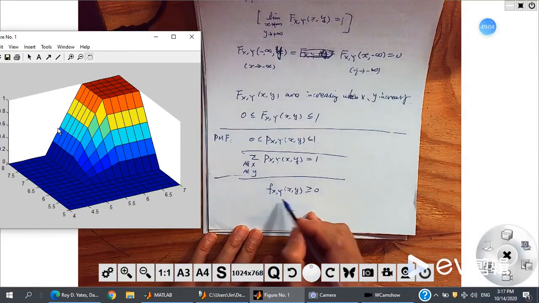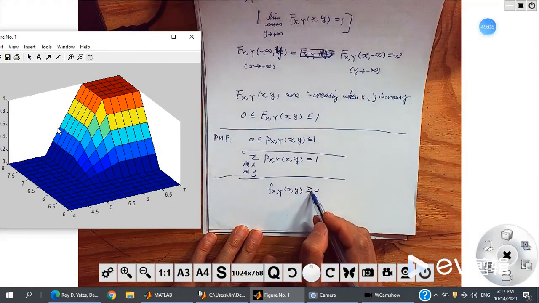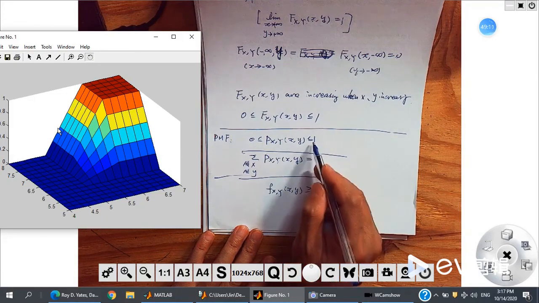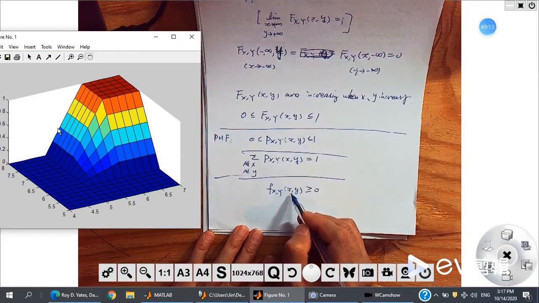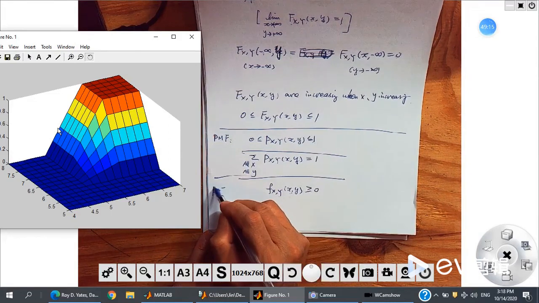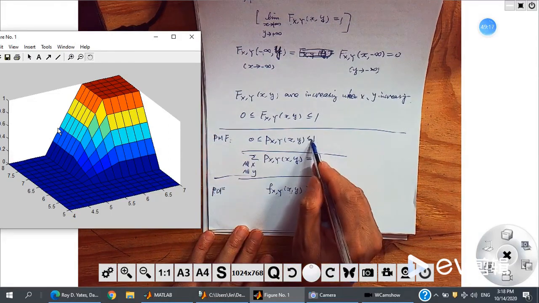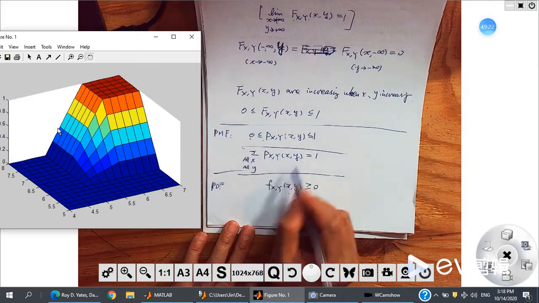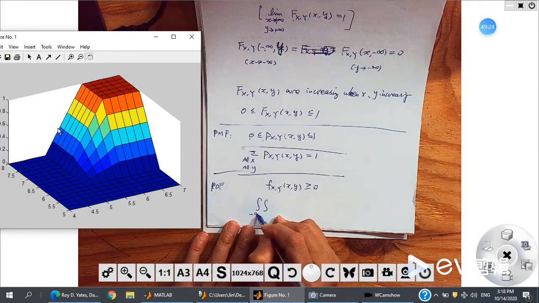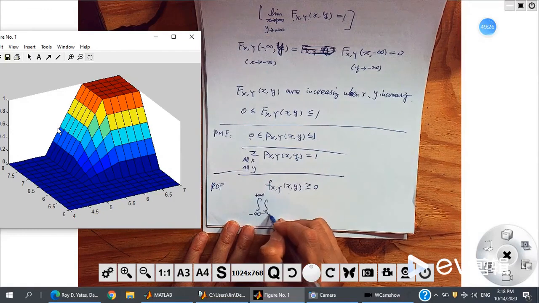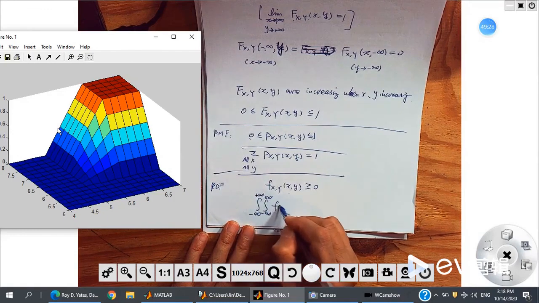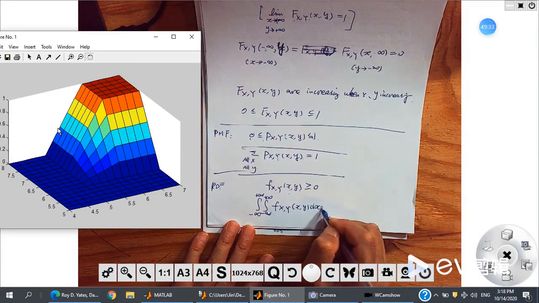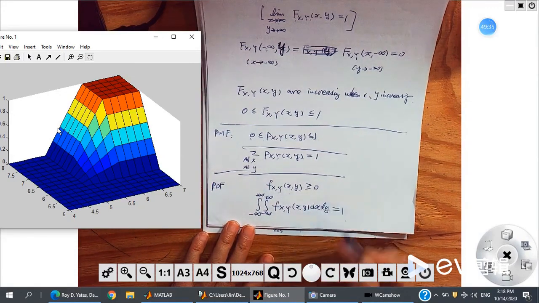So we only know it is larger than 0, and it may also be larger than 1. We do not have the upper bound of 1 for the PDF. And also the integral of f_XY over everything will be 1.